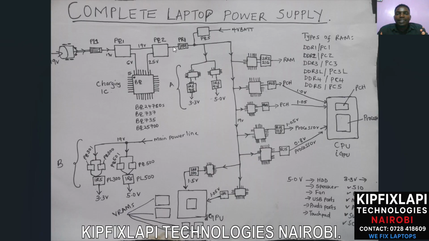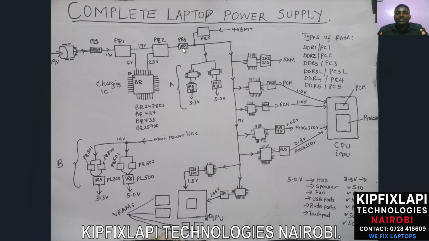So at this pin here, we'll have 19 voltage going into the motherboard, but the gate of this MOSFET will have 25 voltage. This 25 voltage is normally used to charge the battery. So this voltage will be sent into the battery to be used in charging the battery of a laptop.